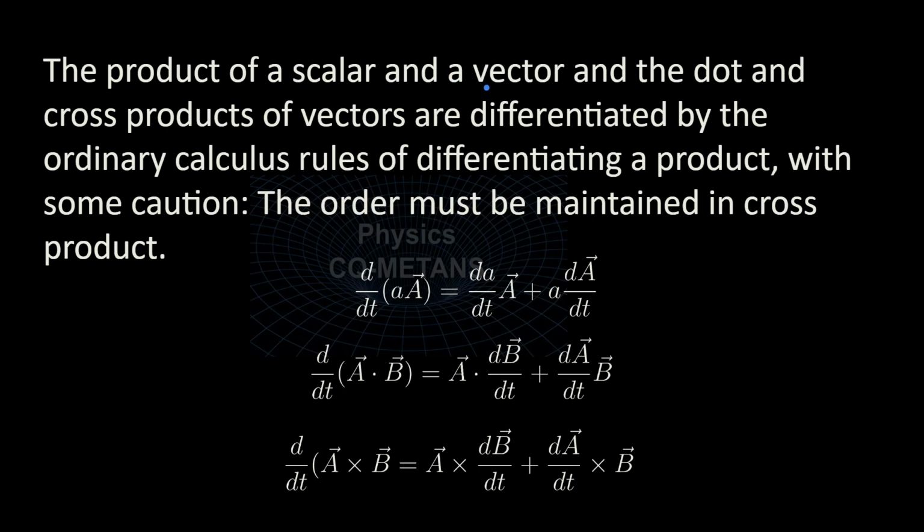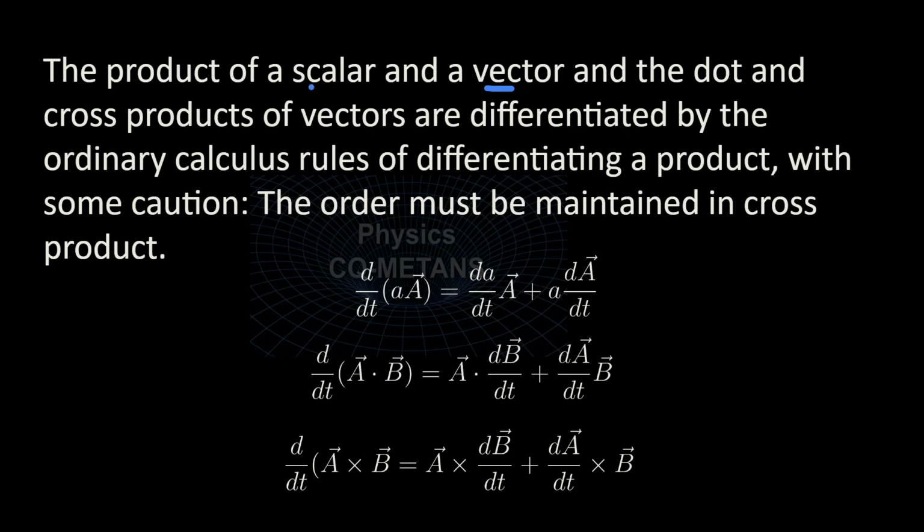Now when we deal with vectors, we know that we have the cross product and the dot product. There are certain things to note when we talk about the differentiation of them.